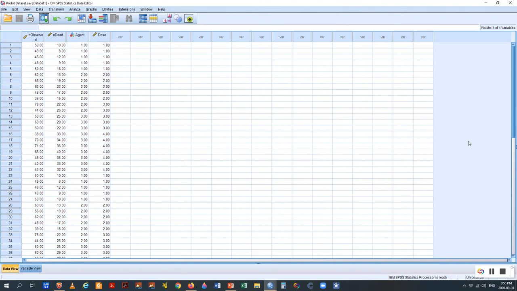Now, the math logic of Probit is that it uses the z-value of a normal curve rather than the raw score. For example, if the response rate is 0.5 or 50% in the raw score, the z-score is going to be 0. Because recall that a z-score of 0 is at the mean or the average of a bell curve.